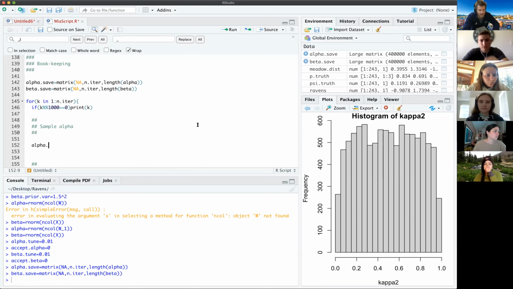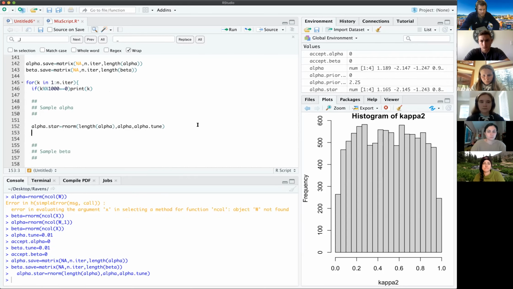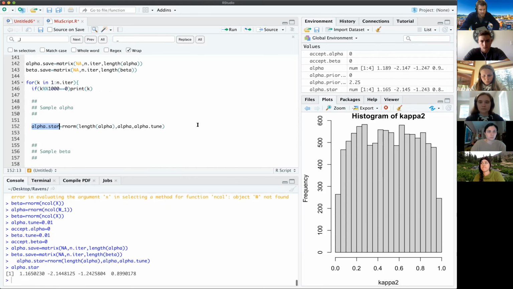So alpha dot star, we can use a random walk, centered on our previous value and our tuning parameter. All right, so let's take a look at alpha star, compare that to our previous values of alpha.